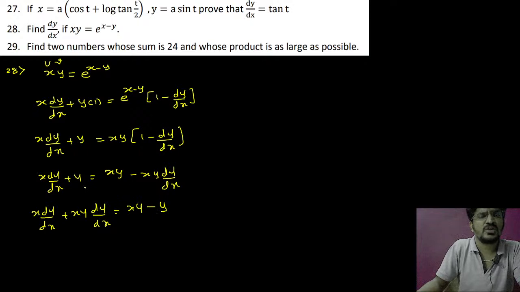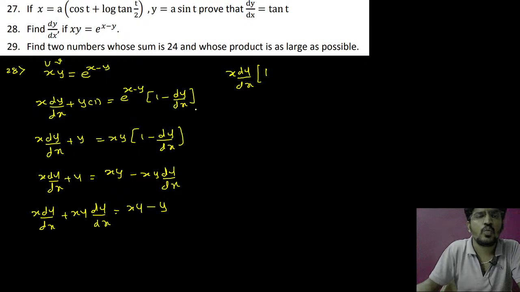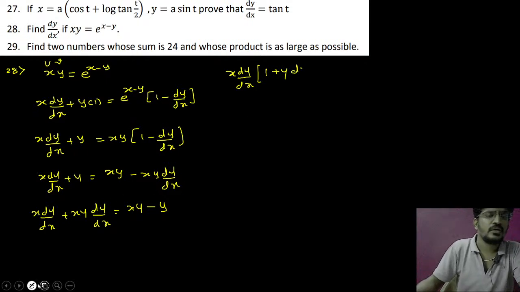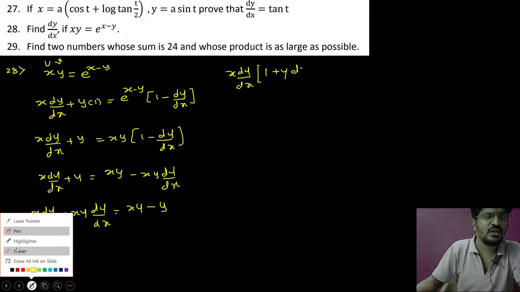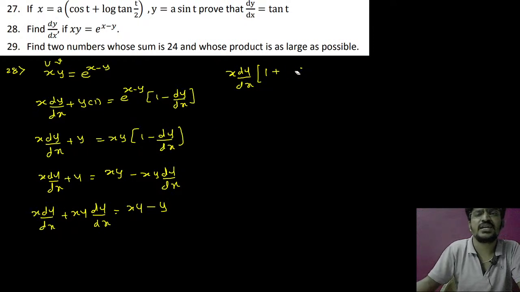Take dy by dx on one side, so that the remaining terms are on the other side. Here dy by dx into x is common. What is the remaining term? 1 plus y into dy by dx. Here 1 plus y is common.